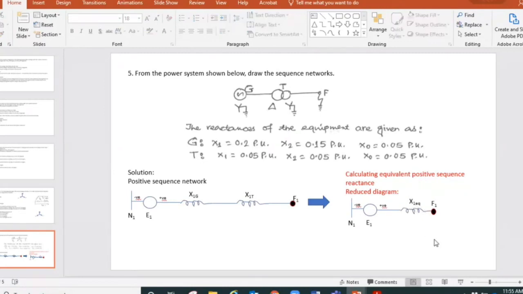So that's the X1 equivalent. So what is the X1 equivalent? You must let me know. It's not difficult. You don't even need a calculator.